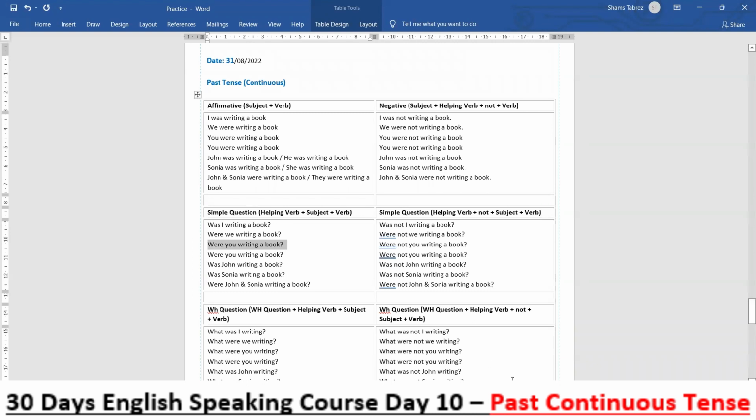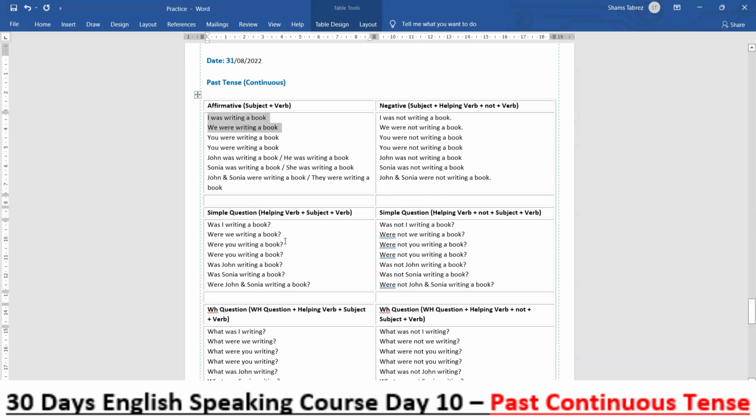If you are answering in affirmative, then you will say yes. The question is in the past continuous, right? So your answer should also be in past continuous. This is a simple question in the past tense, so your answer should also be in the past tense.